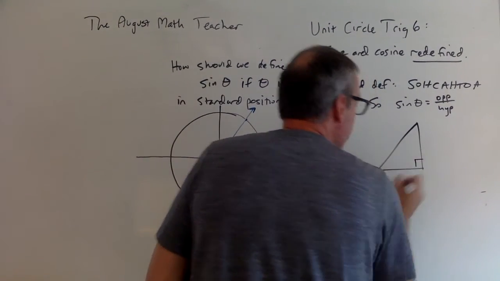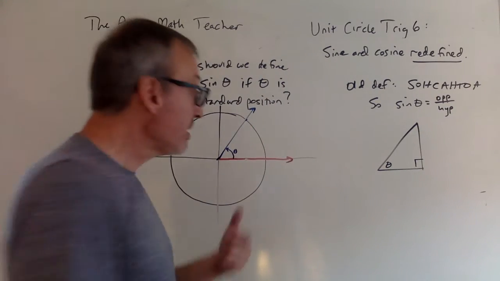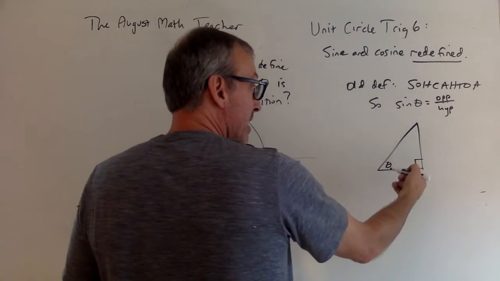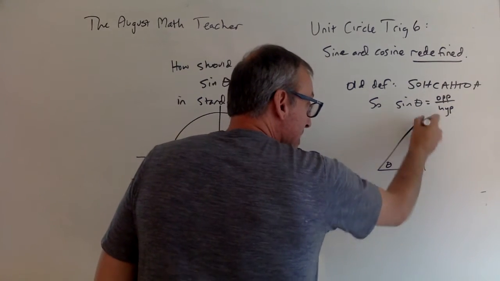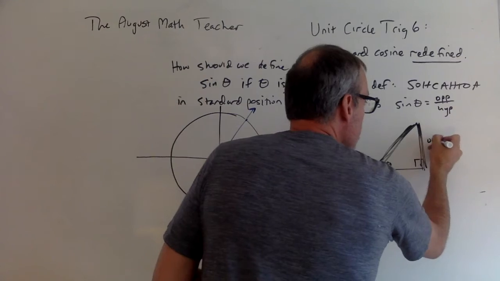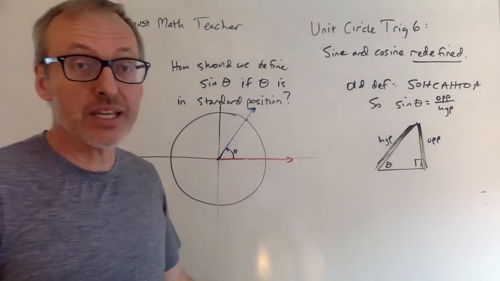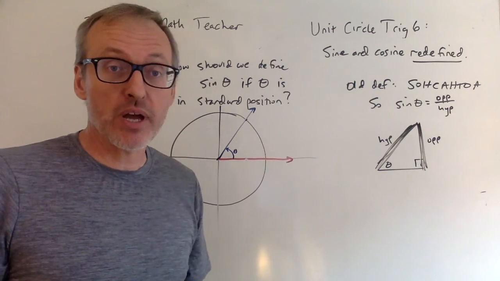If we had in that right triangle the angle theta there, then the actual sine of theta would be the opposite leg divided by the hypotenuse right here. So this is the opposite, and this is the hypotenuse. Now we have to keep that in mind. That's what the sine of theta is supposed to be, in some right triangle.